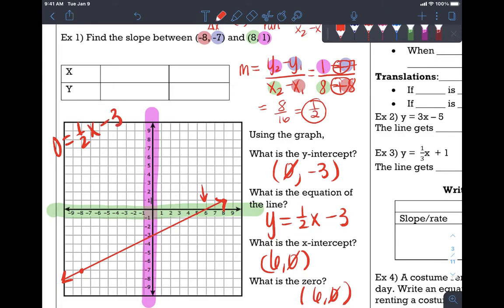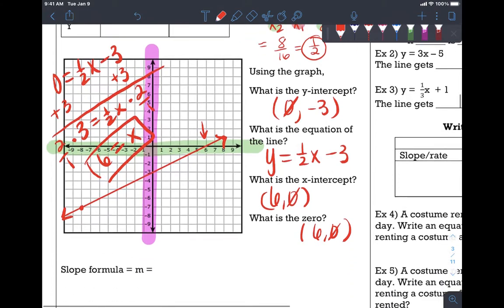Now I can solve for x. Multiply by my reciprocal, and I end up with the same exact value, 6, 0.